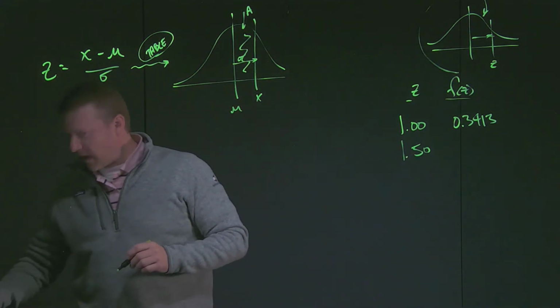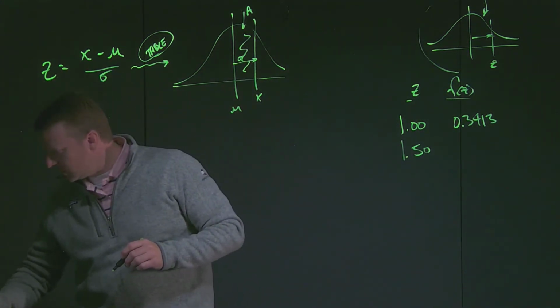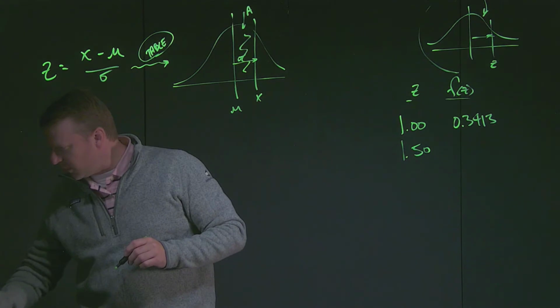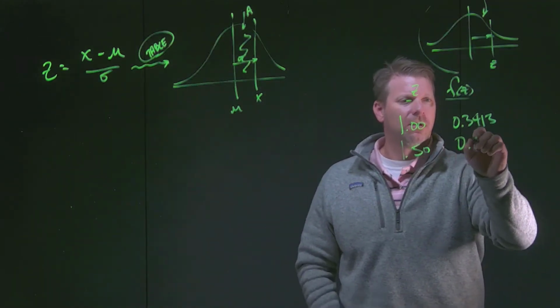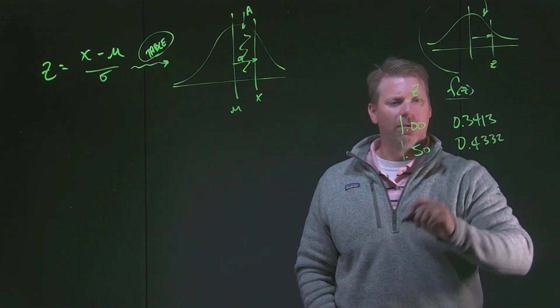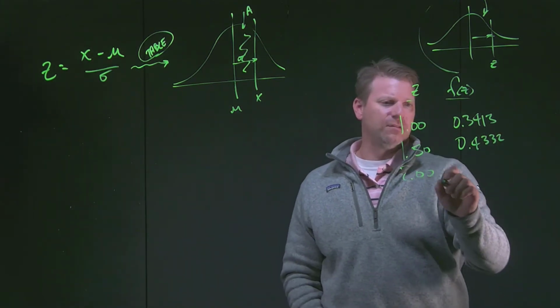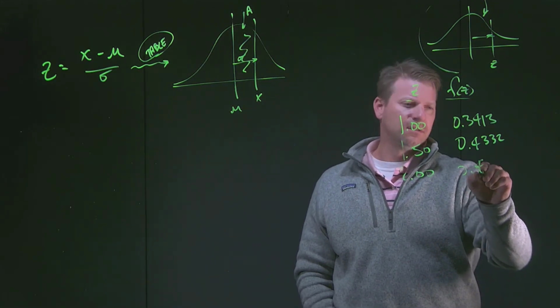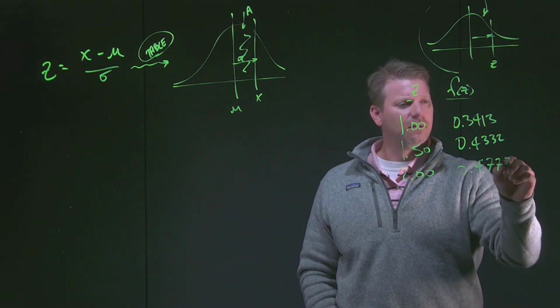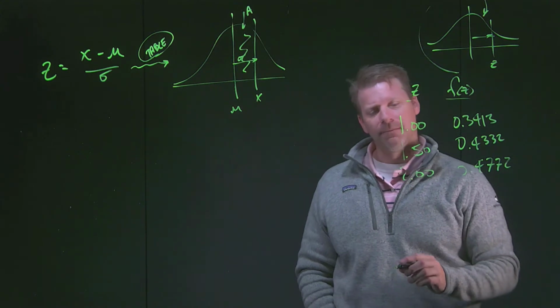Imagine we said we want a z-value of 1.50. If we go to look for that, 1.50, we end up at 0.4332. A value of 2.0 should get us to right around 0.4772, somewhere in there.